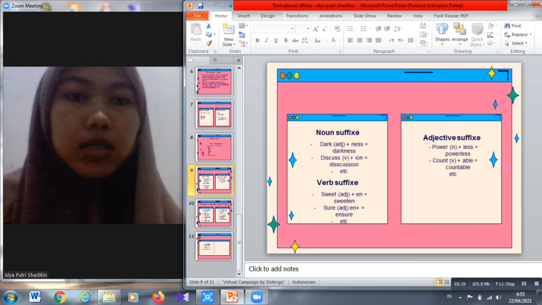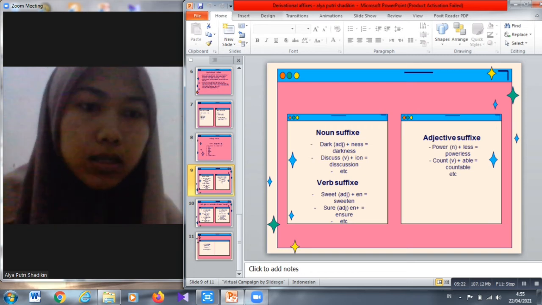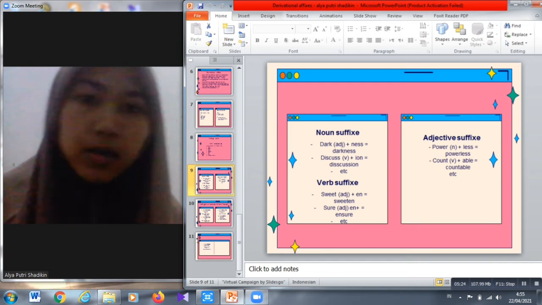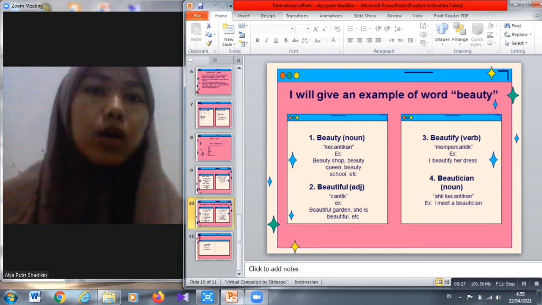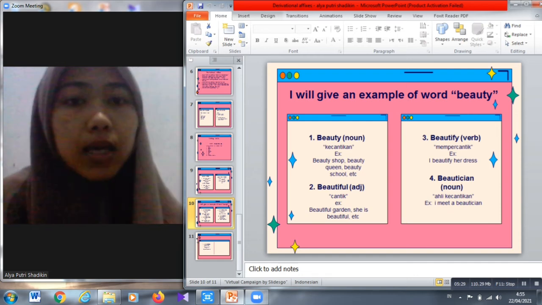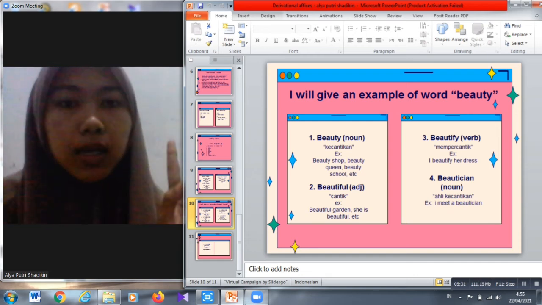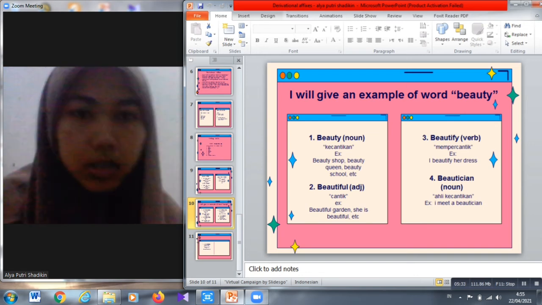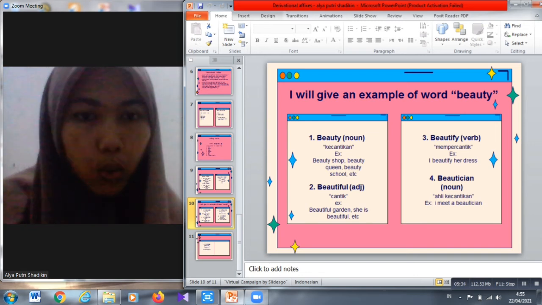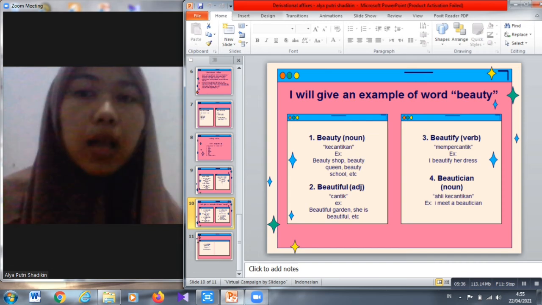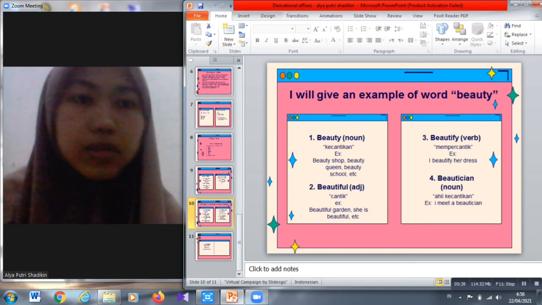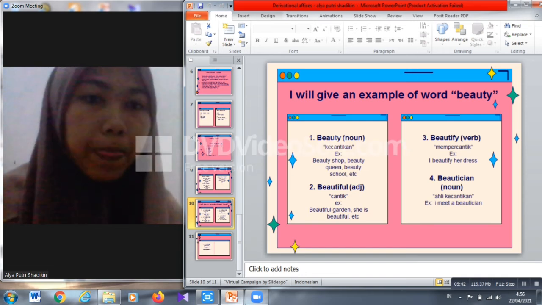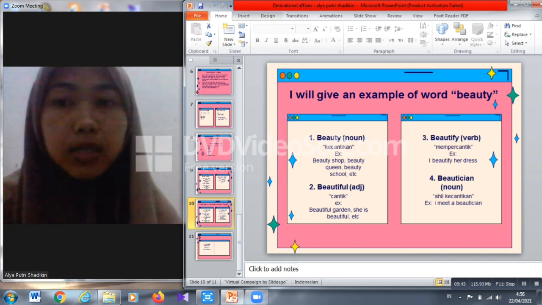There are also verb suffixes and adjective suffixes. I will give you an example with the word beauty. There is beauty as a noun: beauty shop, beauty queen, beauty school; and beautiful as an adjective, beautiful garden, she's beautiful; and beautify from beauty plus ify.